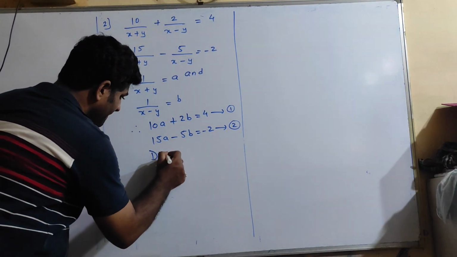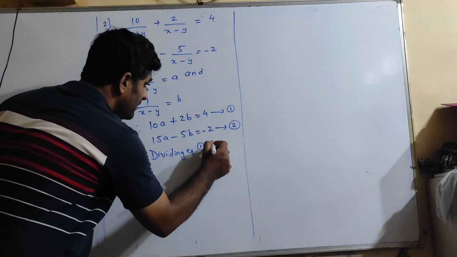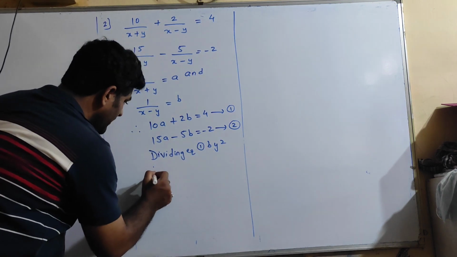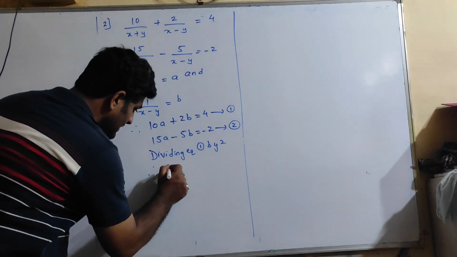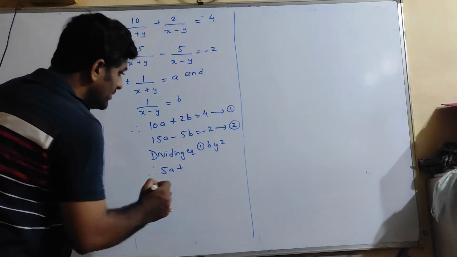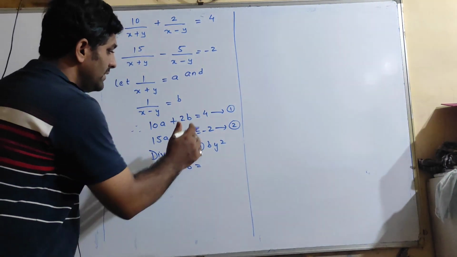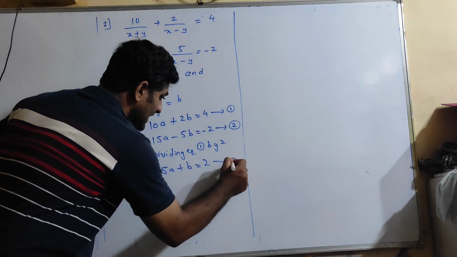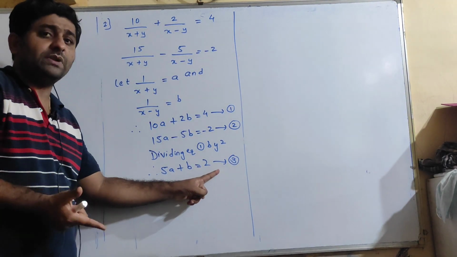So dividing equation 1 by 2, what do we have? 10 divided by 2 is 5a. Then 2 divided by 2 will give you b, and 4 divided by 2 is 2. Let's take this as 3. Now I think we got this equation 1 in the simplest form.